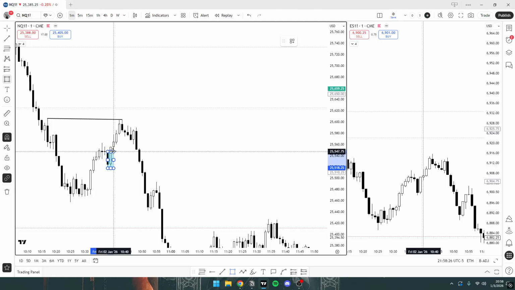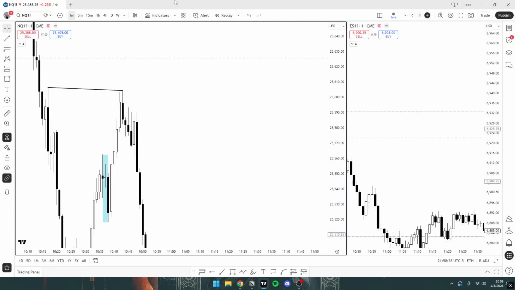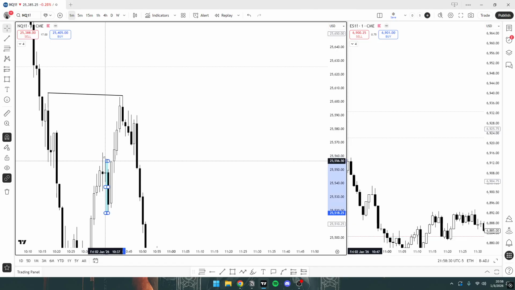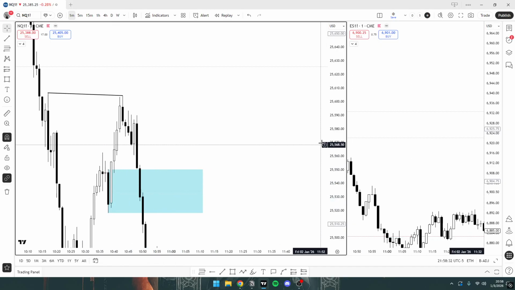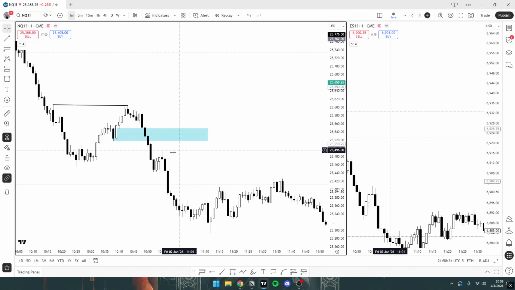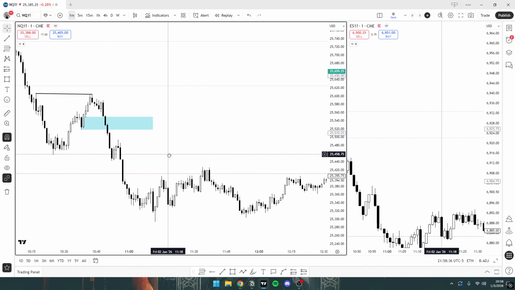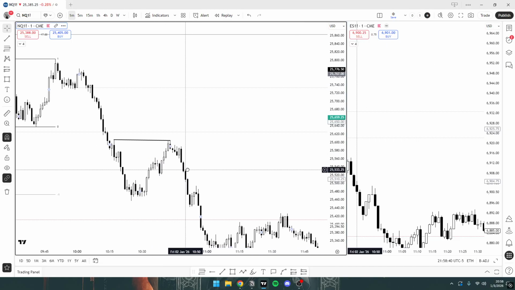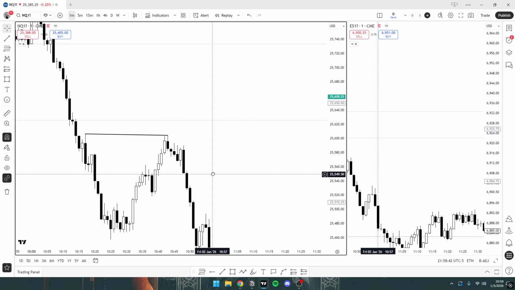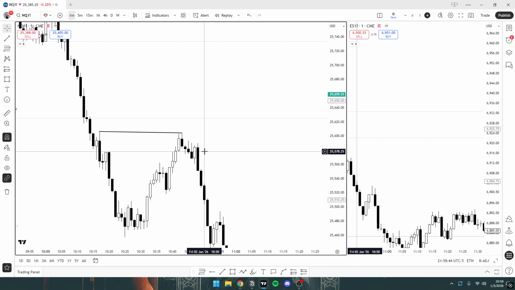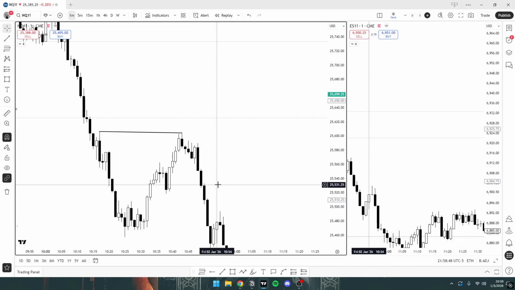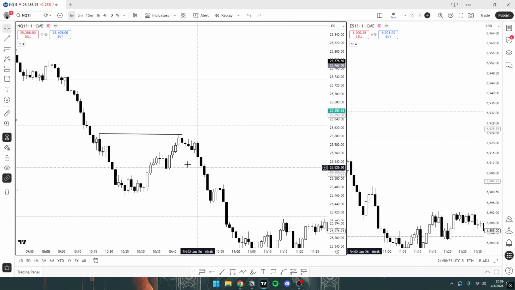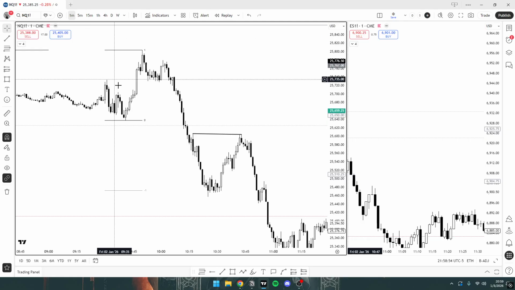But after that 15-minute gap, we could just look for this breaker right here. And we didn't get a retrace into it, which sucks. But that's the best entry I would have been looking for. That's really the only entry I would be interested in for this day.